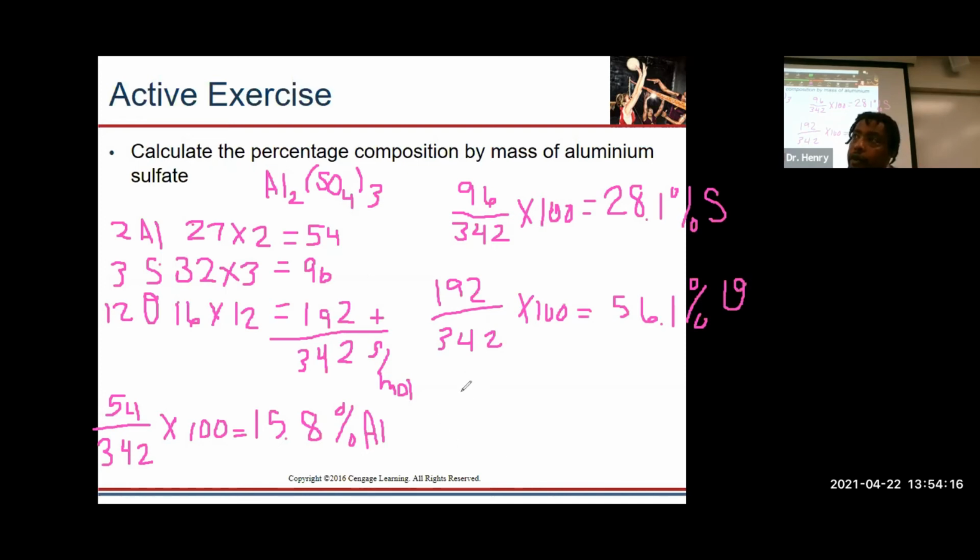So, like I said, we could do 100% minus 15.8% of Al minus 28.1% of sulfur, and that's going to equal the oxygen percentage.